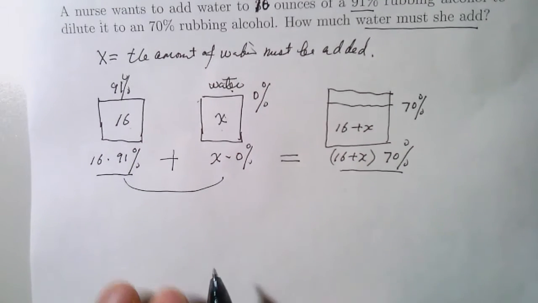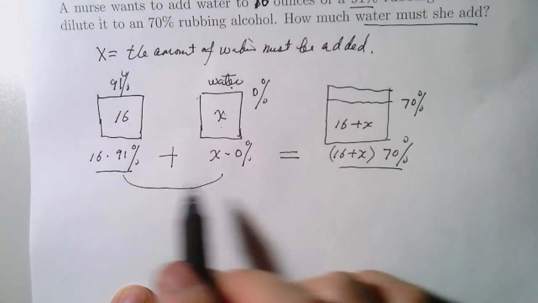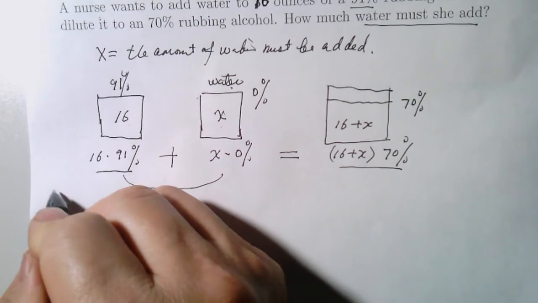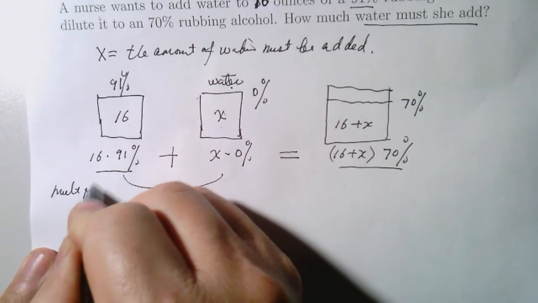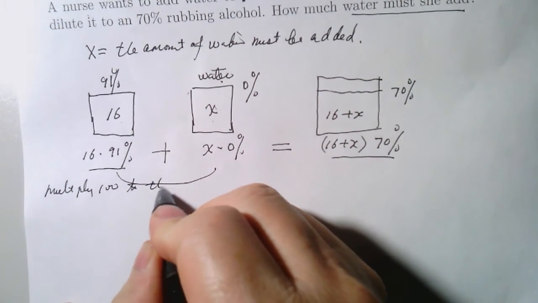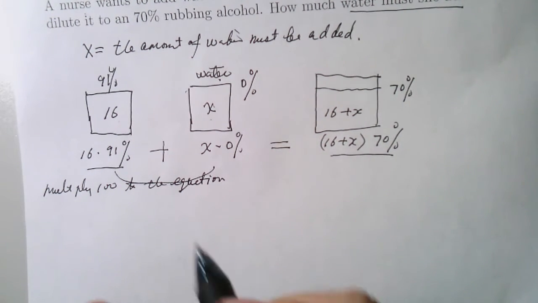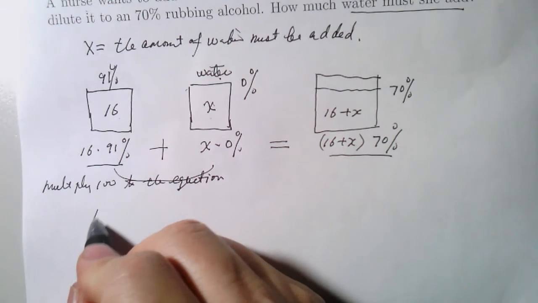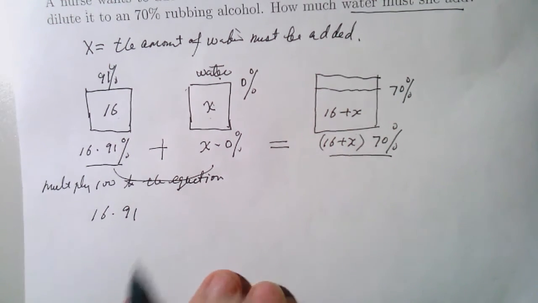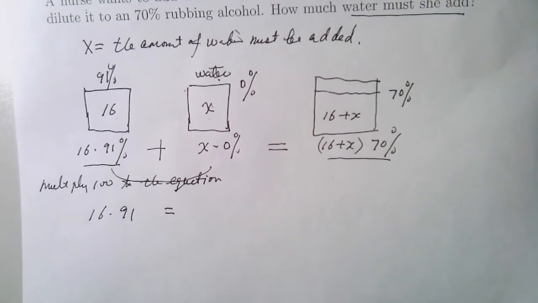Now you have this linear equation, same as before. All you need to do is solve it, same as before. You multiply both sides of the equation by 100. Multiplying 100 by this term, you get 16 times 91, the percent signs cancel. That one is 0 anyway, so we don't need to write anything.